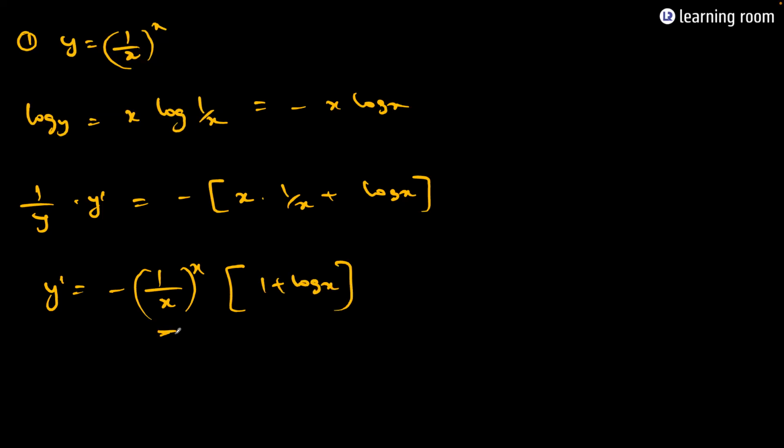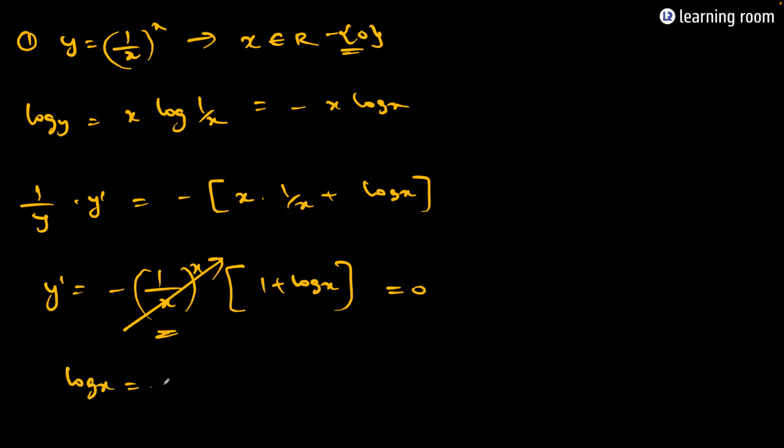So (1/x)^x, what will be the domain of it? x belongs to real numbers, except it cannot take 0. Right? So if I equate y' to 0, this (1/x)^x can go to the other side.